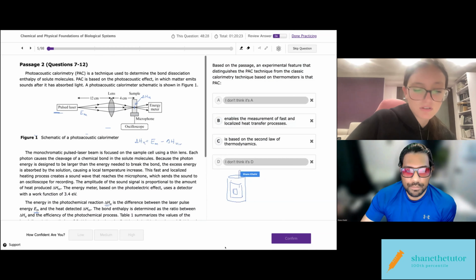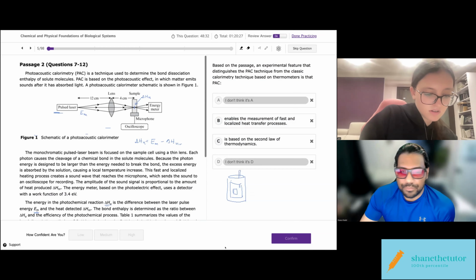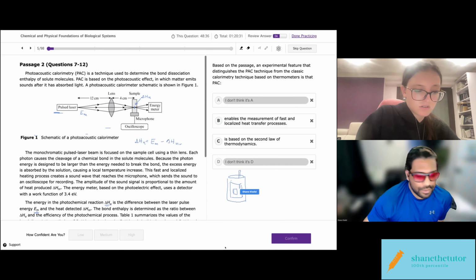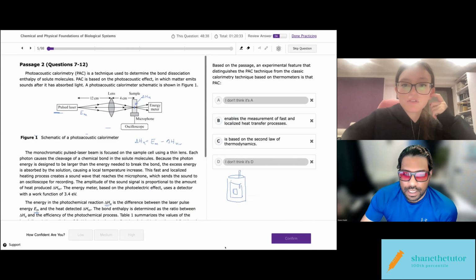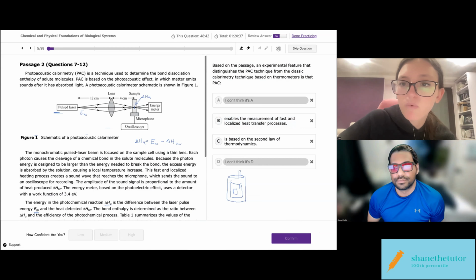Yeah, so in the bomb calorimeter that I'm drawing here again, the thermometer is just placed in the water. If you read the question, it's asking what distinguishes the classic technique based on thermometers from PAC, so PAC wouldn't be the one that's a quick, fast and localized heat transfer process.